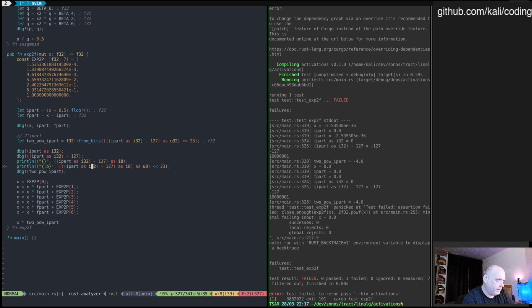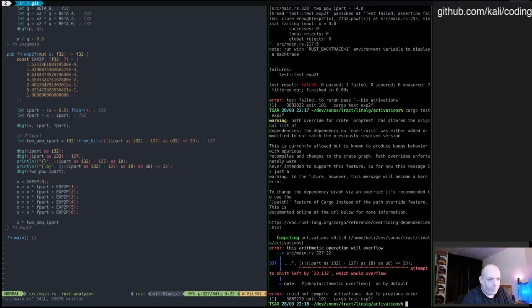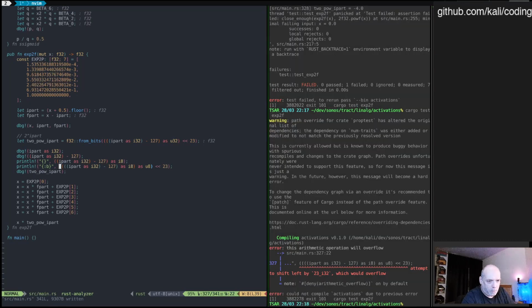So 23 times. Attempt to shift left with overflow. Okay, so now it overflows. Do I still need to cast as u8? I'm casting as i8 and then as u8.